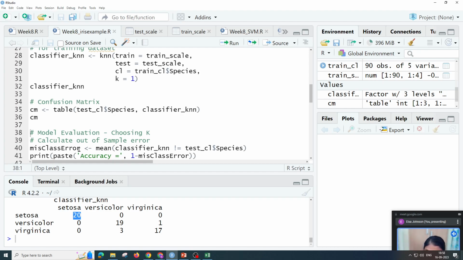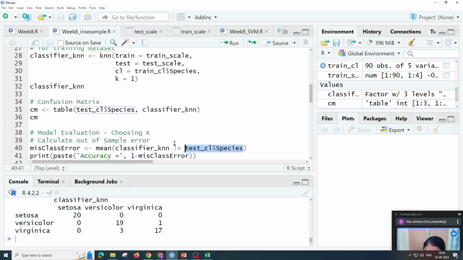Another way of calculating it is to first find the misclassification error: the mean of classifier_knn, that is our prediction, not equal to test_cl$species.